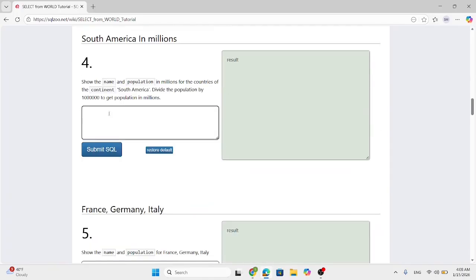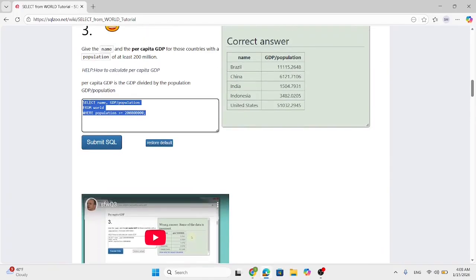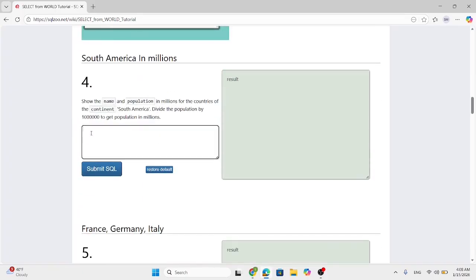Show the name. Okay, can we copy this code again in this way? We can modify it. Show the name and population in millions. For the countries of the continent equals to South America.